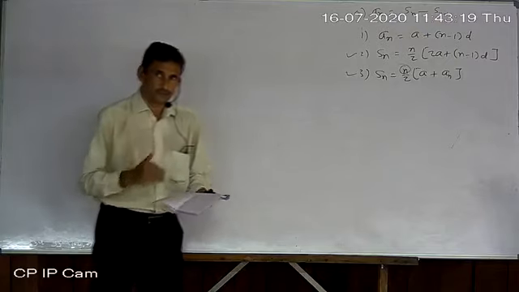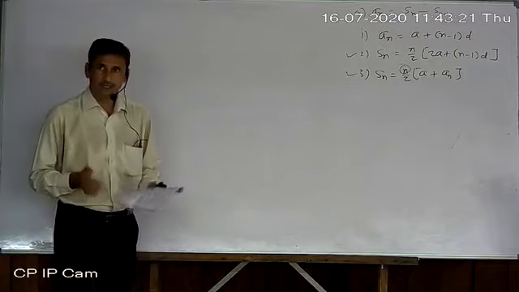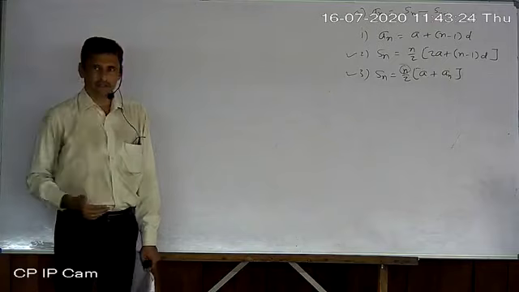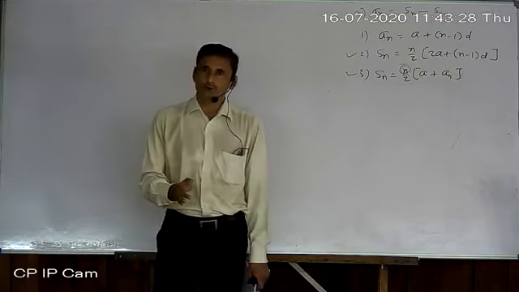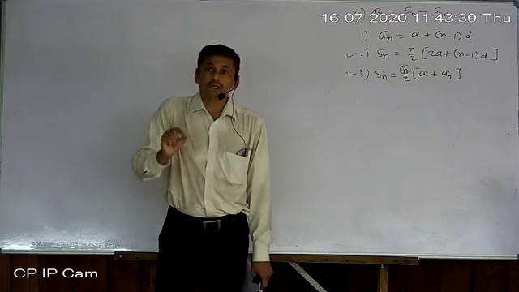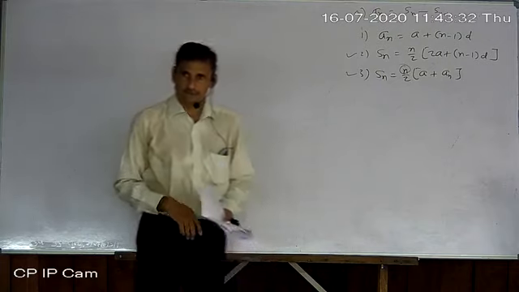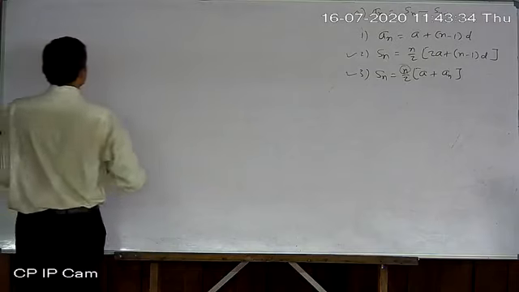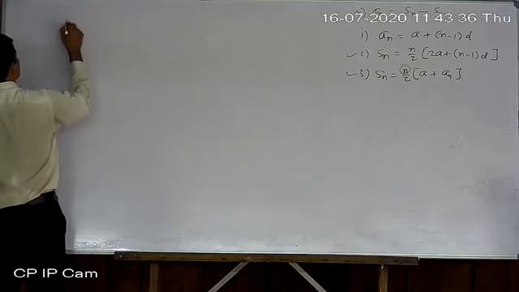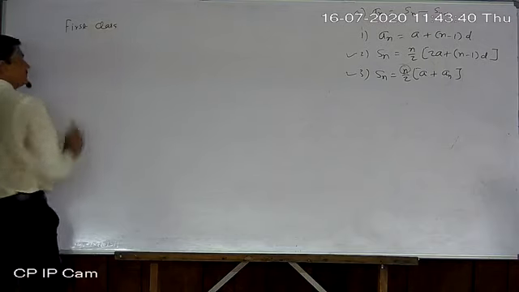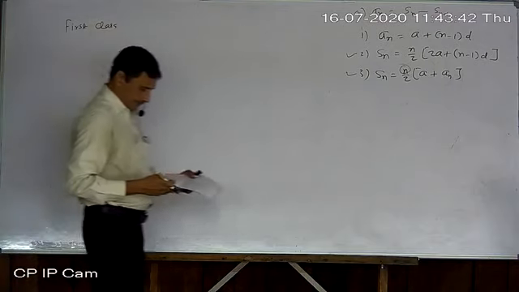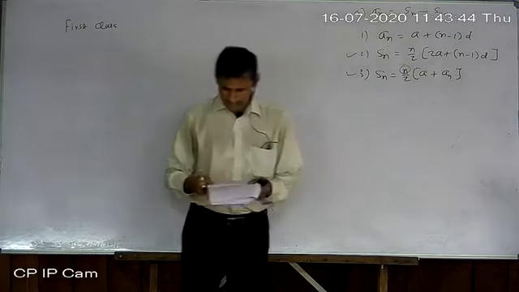So total 12 classes, meaning standards. Each class having 3 sections, and each section has to plant a number of trees equal to its class. Okay. So now we can say first class will plant how many?